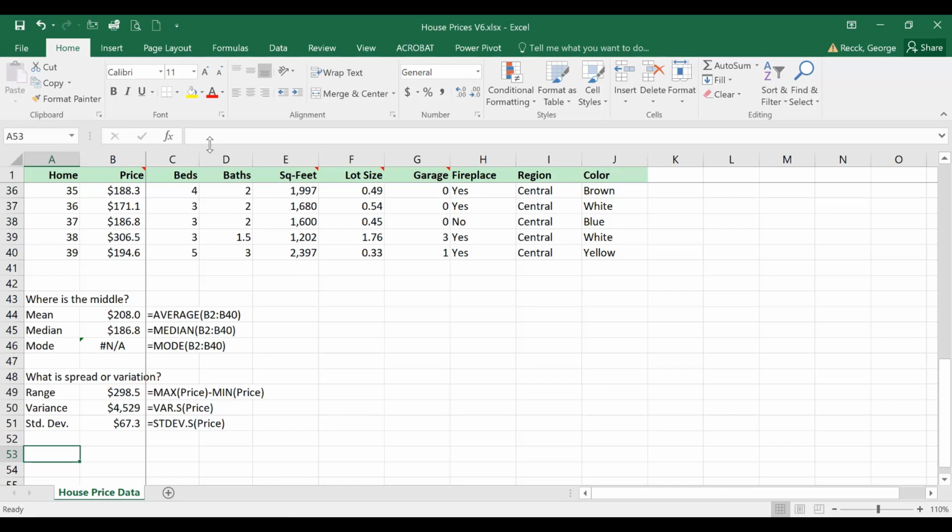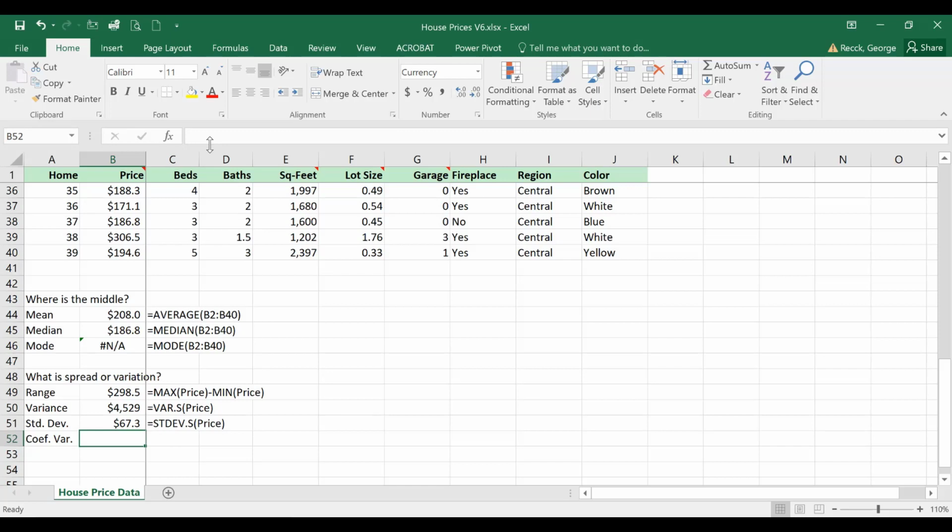The last calculation we're going to look at is the coefficient of variation. Again, abbreviating just for brevity. The coefficient of variation is a way to show a relative measure of the standard deviation.